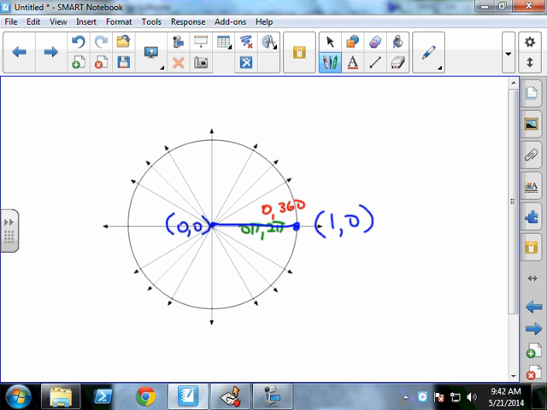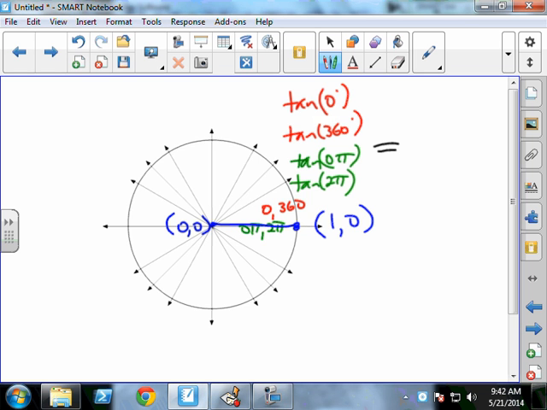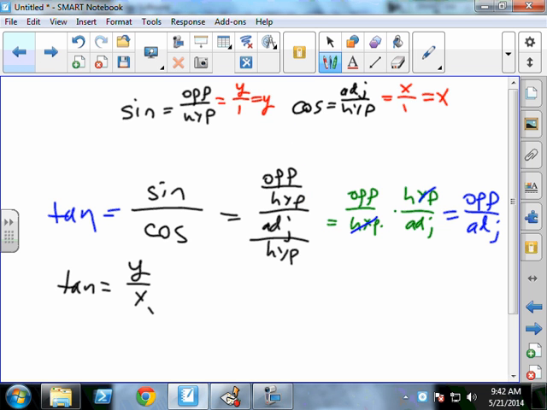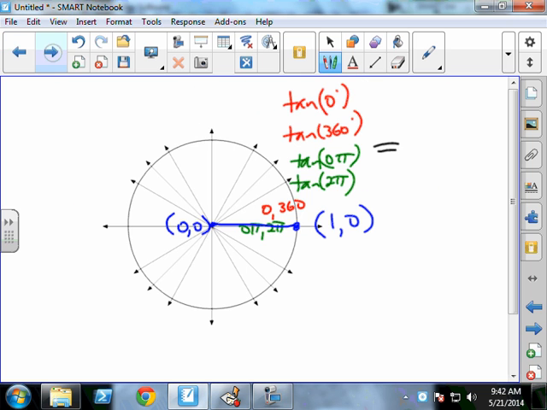So if we had to find the tangent of 0 degrees, or the tangent of 360 degrees, or the tangent of 0 pi, or the tangent of 2 pi, all those are equal to, remember, the tangent is sine over cosine, y over x. Here's my x, here's my y, so it's 0 divided by 1, which simplifies to 0.